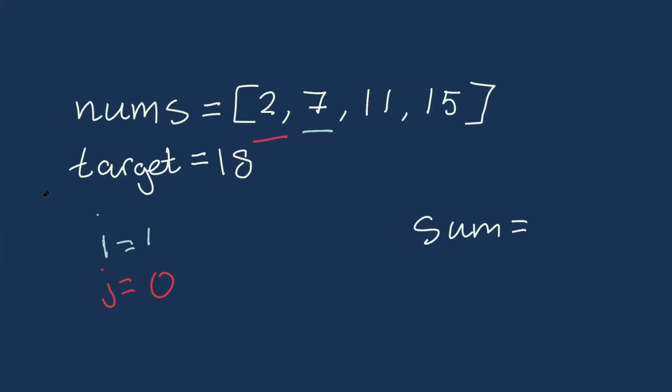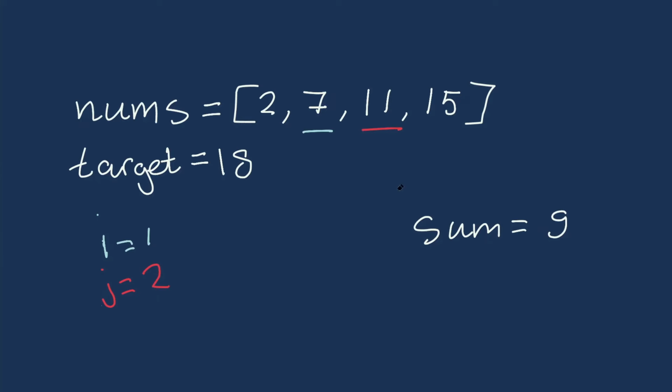So now we have 2 and 7, we add them up, which is 9, which does not equal our target, so we continue with the iterations. And at this point we've ended up at the same number, so we skip this iteration, and j would be 2.